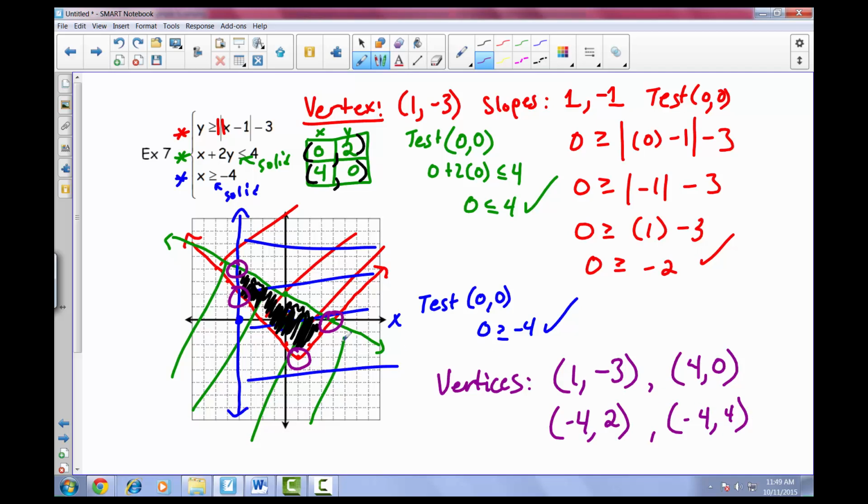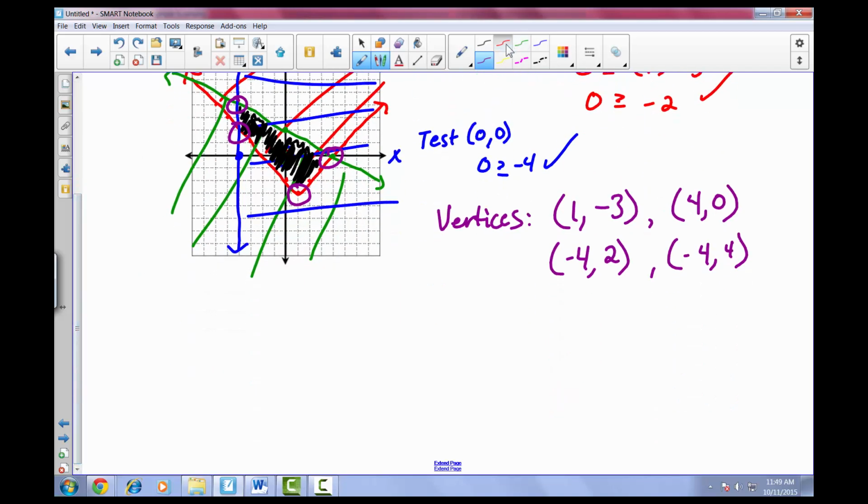Now let's go ahead and algebraically prove that, no, I'm sorry, let's actually prove the absolute value one, a little bit of a harder one. Let's prove that this point right here, (-4, 2), is actually where the absolute value, the red, and the blue cross.